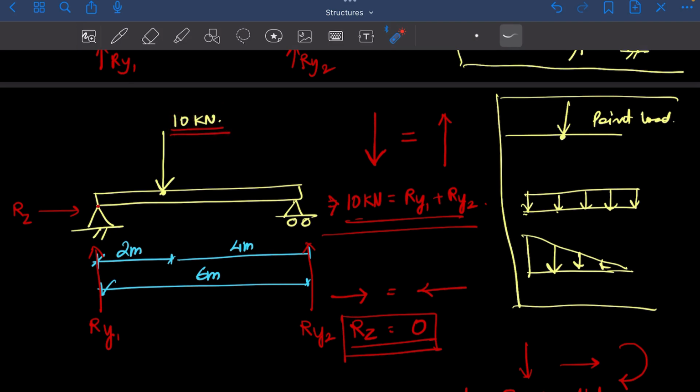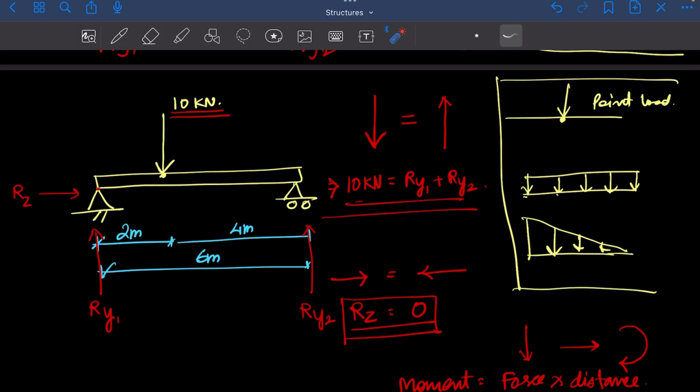What is the distance? So if you're trying to calculate the moment at this particular point, or let's say you want to calculate the moment from here to here, whatever the moment is being created would be equal to the moment from here to here. All right. So how do we calculate that?